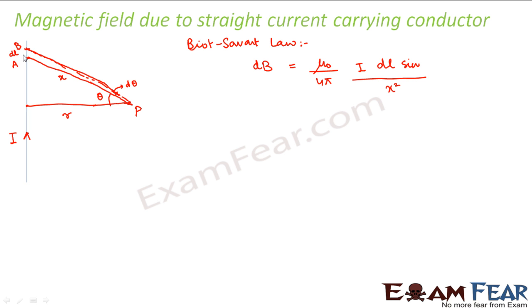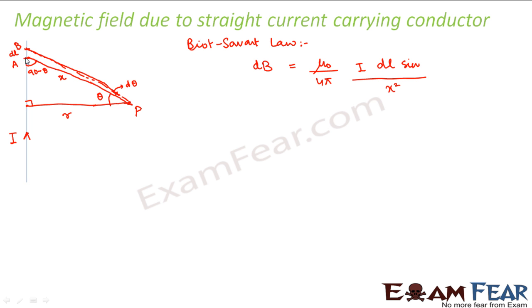If this angle is theta, this angle is 90 degree, right? And this angle is theta. So what will be this angle? This angle will be nothing but 90 minus theta. When we talk about this sine theta, it is nothing but the angle between the small element dl and the position vector. The position vector in this case is x.